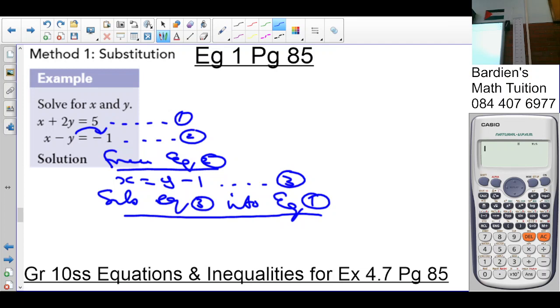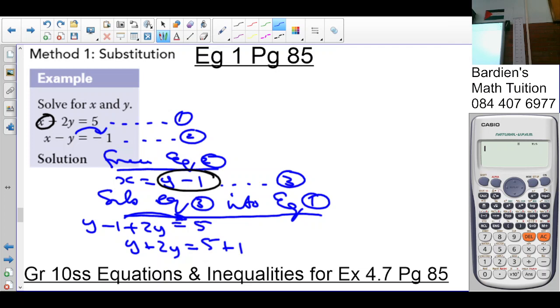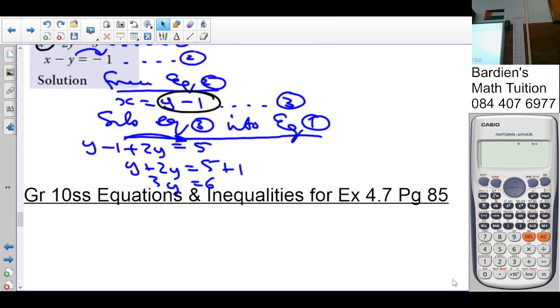So the equation now reads, wherever I see an x, I replace it with y minus 1. Can you see that? So it will be y minus 1 plus 2y equals 5. Now you're making y the subject of your formula. You take it over, becomes y plus 2y is equal to 5 plus 1. So 3y is equal to 6. So what is y equal to?